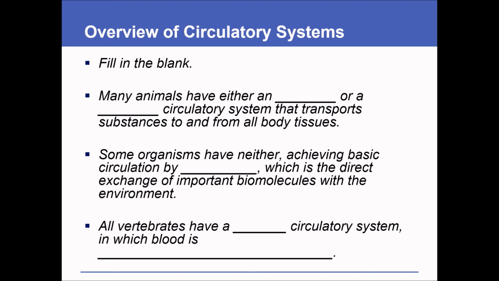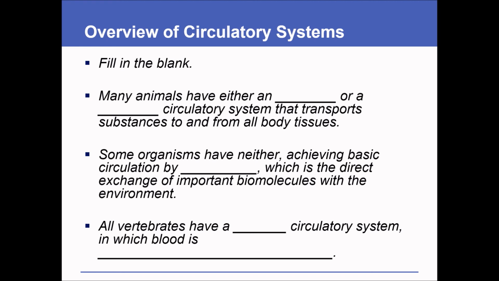Then some organisms have neither, achieving basic circulation by, which is the direct exchange of important biomolecules with the environment. Then all vertebrates have a circulatory system in which blood is, have a closed circulatory system.